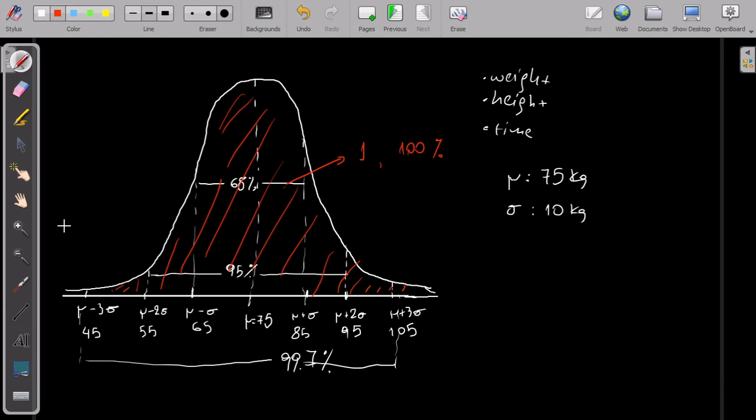The area before the mean, obviously, since all of it is 100, this area here, is 50%, and also the other half is 50%. Of course, that's because my normal distribution is symmetric about the mean.